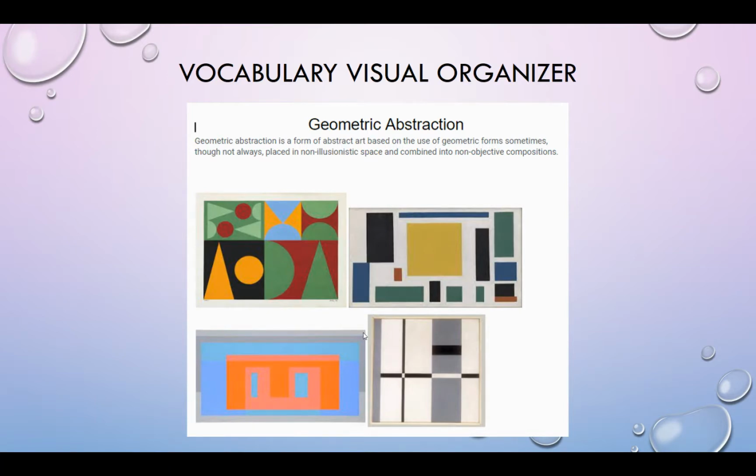Anyway, a vocabulary visual organizer is highly recommended. Open up a Google Doc. Anytime you see a word in the tutorial that you do not understand, copy the word, open up a tab in Google, type it in, do a search, and voila, you will be able to get a definition, and in this case, an image.